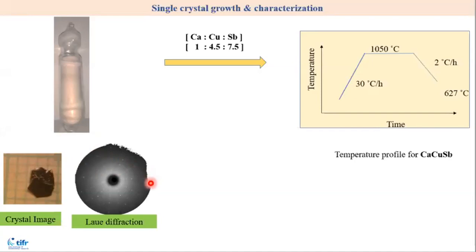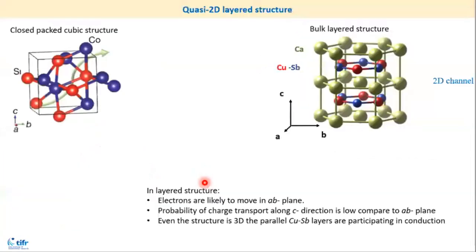We verified it with a Laue diffraction experiment, which shows whether your patterns match the theoretical simulated model. So it has been verified that our grown crystal is a single crystal. Coming back to the point, in a close-packed cubic structure, electrons can move in all three possible directions with almost equal probability.